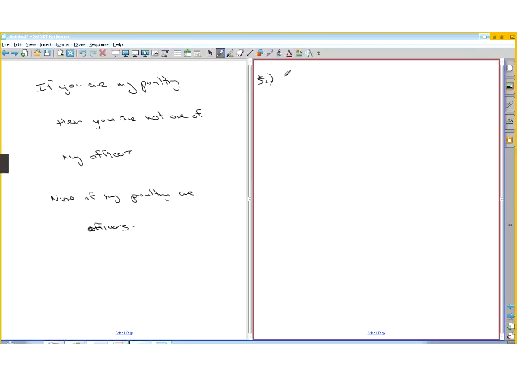Okay, so we start with the first one. So we have the statement, so let's say this is A: nobody who really appreciates Beethoven fails to keep silent while the Moonlight Sonata is being played.